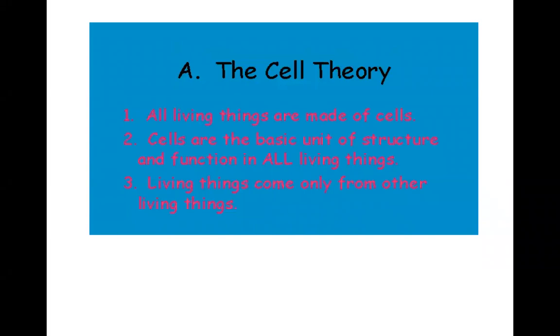Okay, so the cell theory, the features were recognized at this time, and the cell theory, of course, is that all organisms are made up of one or more cells. If you're made up of one cell, then you're a unicellular organism. If you're made up of more than one cell, then you are a multicellular organism. The second idea of the cell theory is that the cell is the basic or fundamental unit of life.